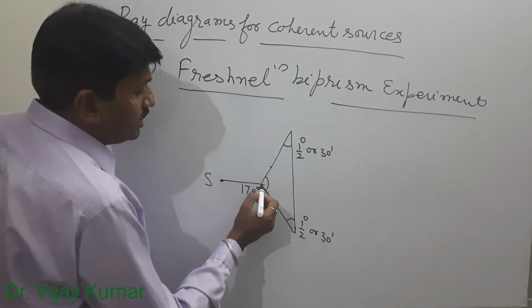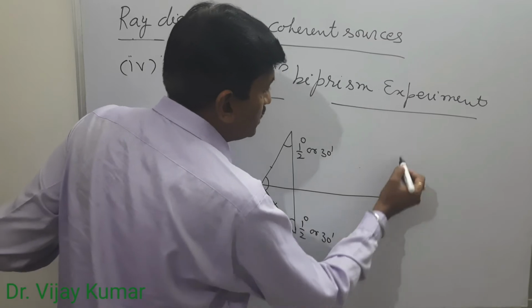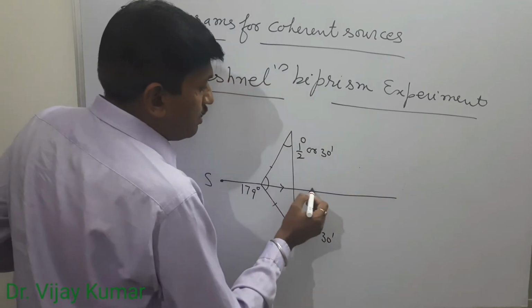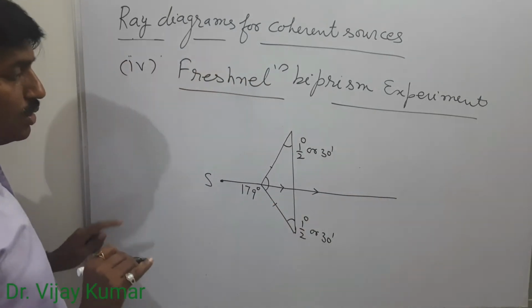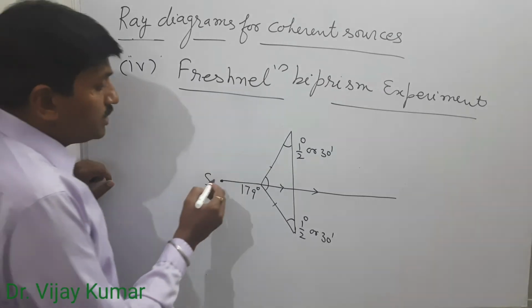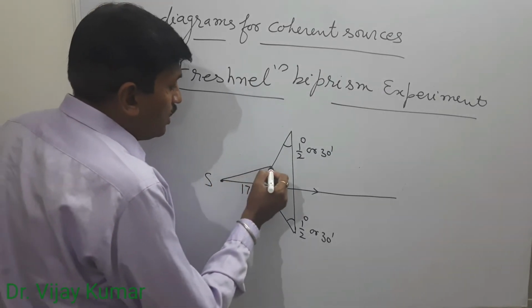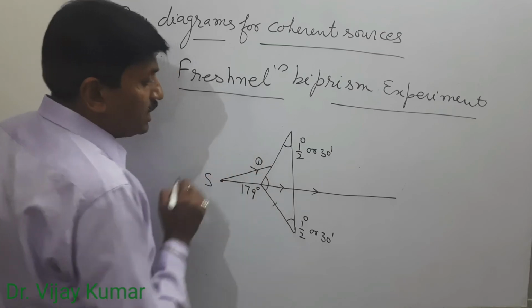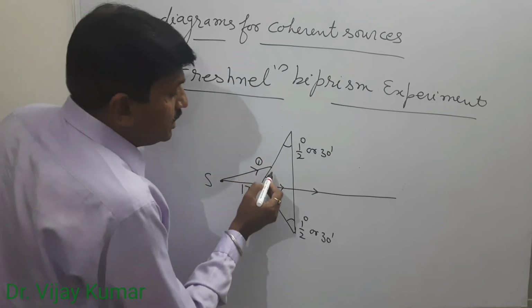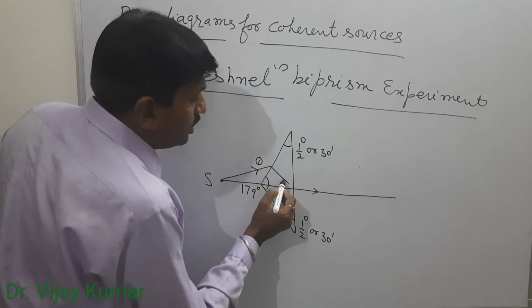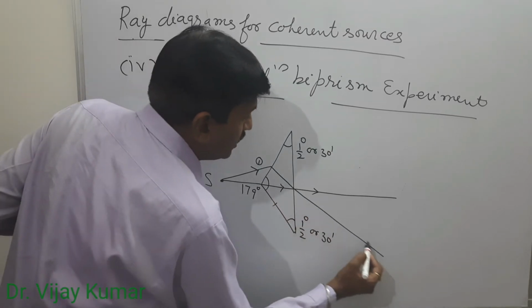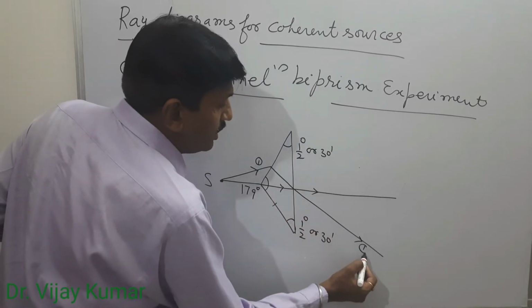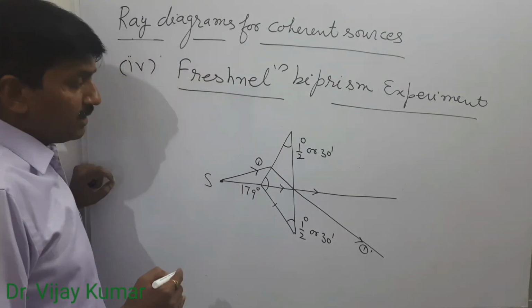One light ray which is incident at this point passes through just like this, and suppose this is the first incident ray. This incident ray should propagate and pass through this point. This is the first refracted ray.